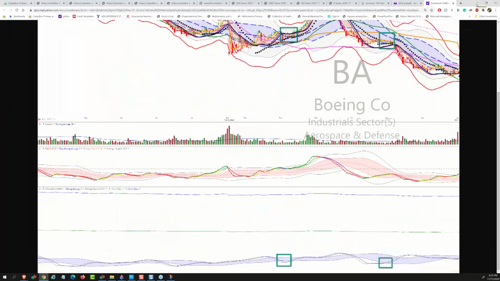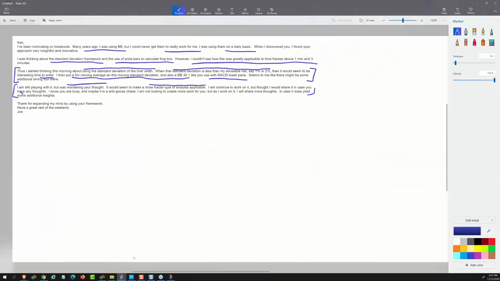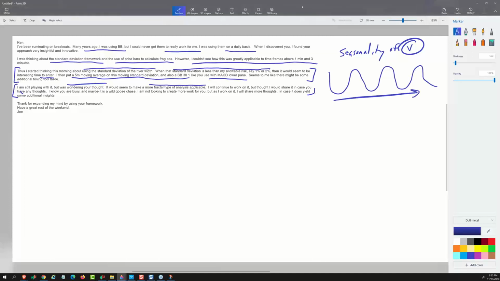So what I want to show here is the connection of that to a couple different ways that we use this, right? So let me just call that the seasonality of volatility, right? And that wave of volatility has smooth wave characteristics, the same way that the RL10 smooths out our price.